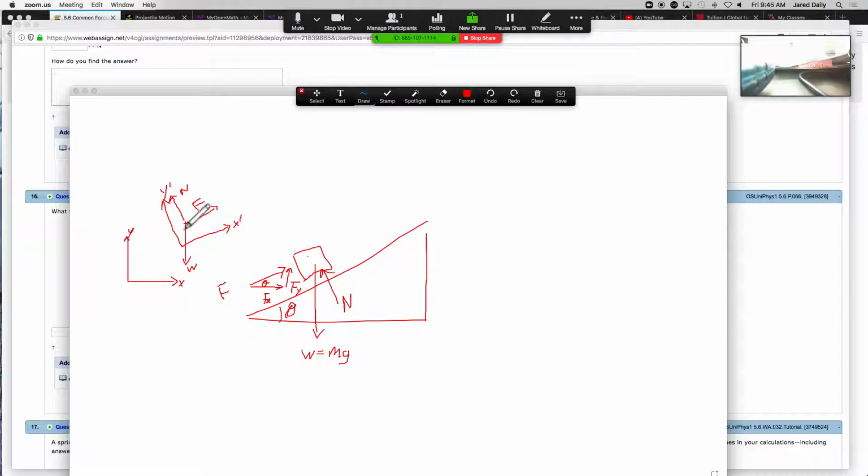This weight has a component in the y direction that looks like this, and a component in the x direction. So the weight has this component and this component. So this is weight y prime, and this is weight x prime.